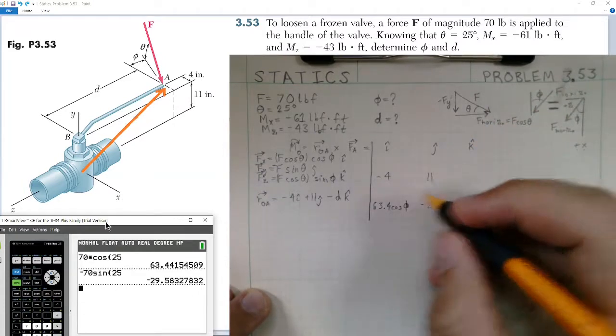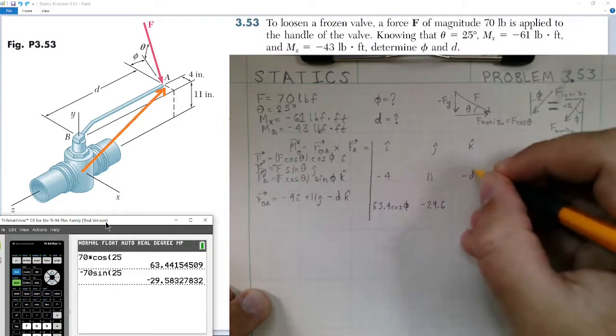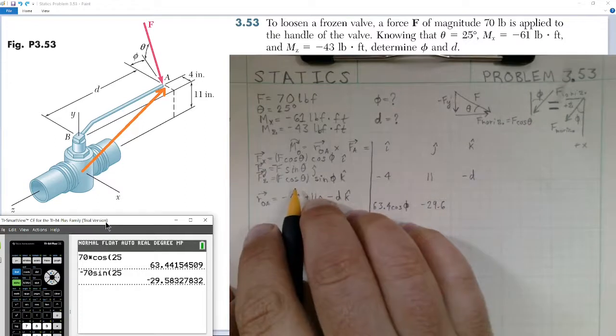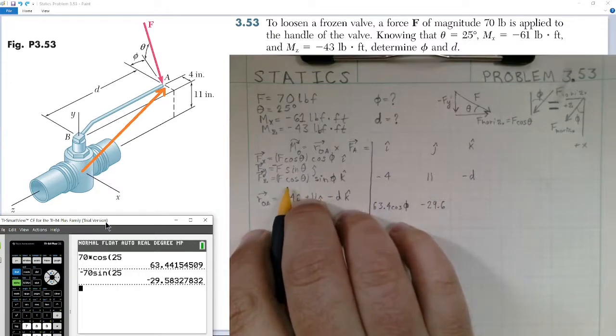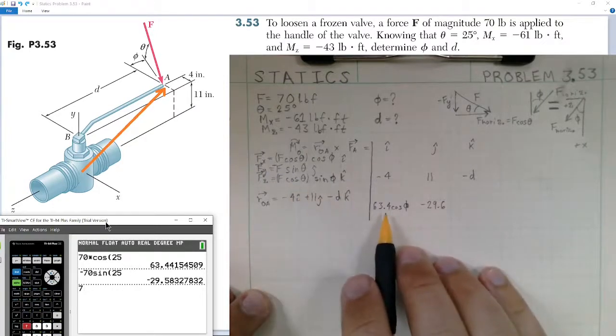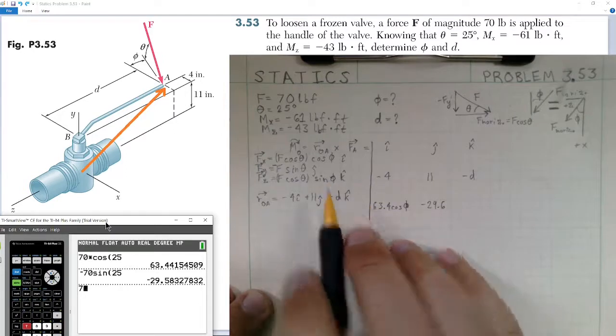Next we have the k hat component. We have the position of -d. We'll find this dimension in a minute. And then we have our force vector in the z direction, that z component, which would be 70 cosine of 25. We already know 63.4, times the sine of phi.